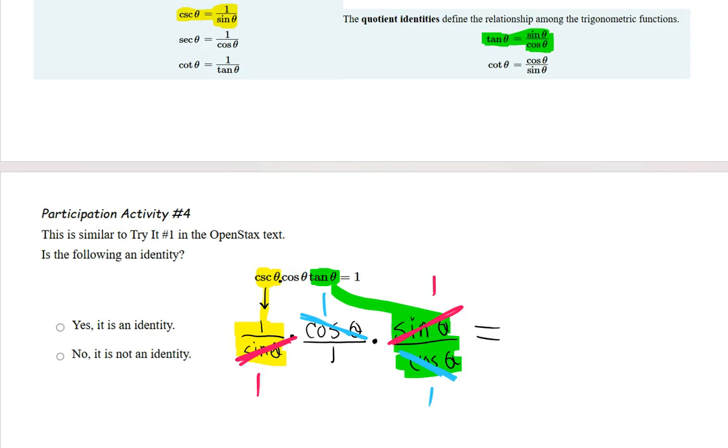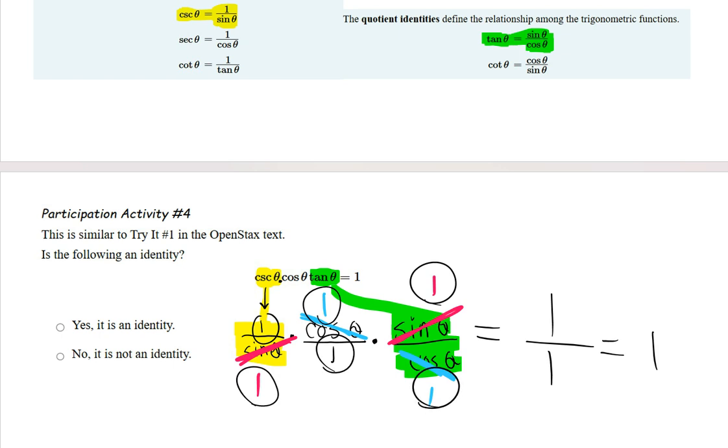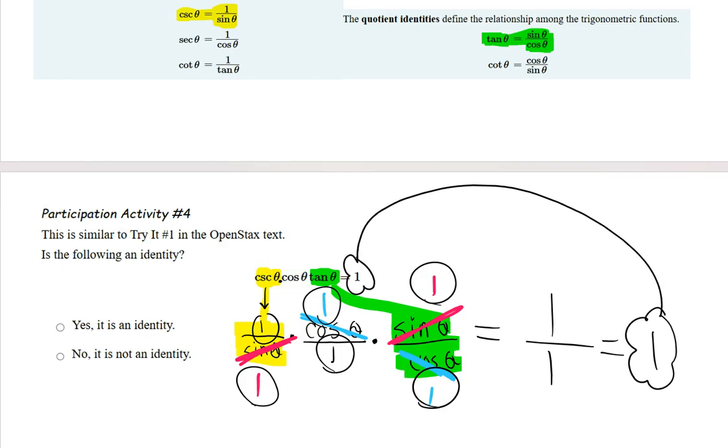And so what I'm left with is 1 times 1 times 1 in my numerators, and 1 times 1 times 1 in my denominator, and 1 over 1 equals 1, and this one is that one. So yeah, it's an identity. It has the same identity on both sides. Cosecant theta times cosine theta times tangent theta will actually equal the number 1, no matter what theta is.